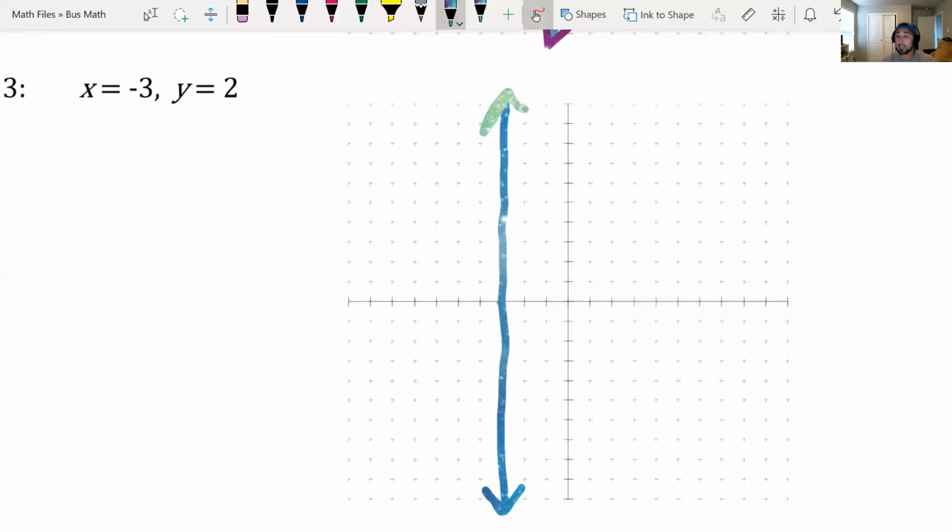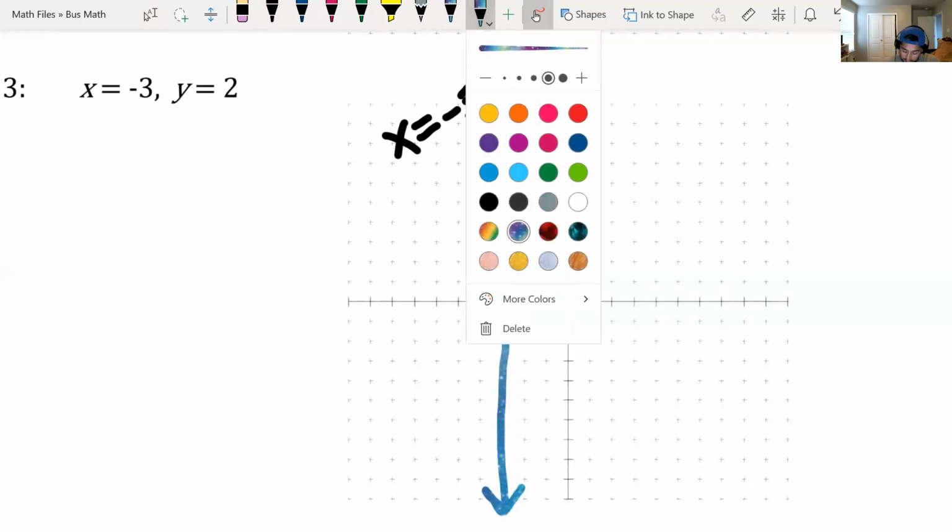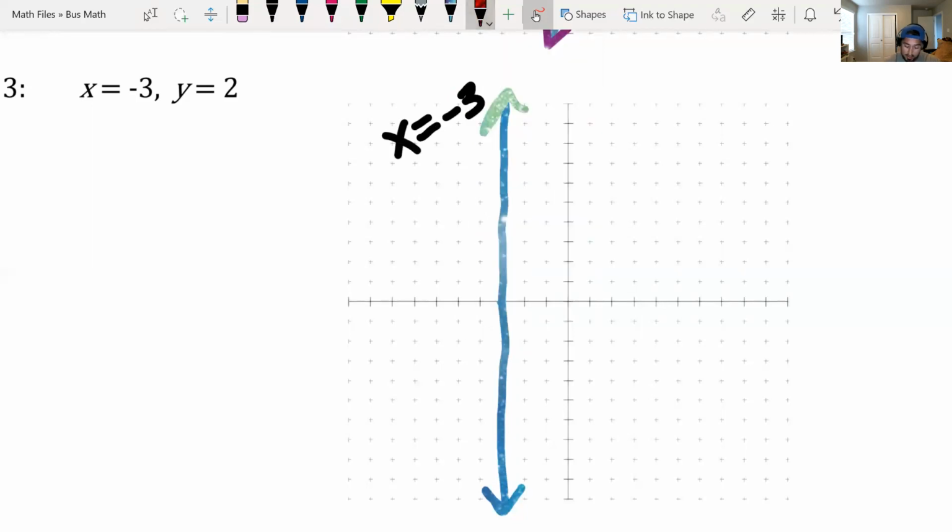There you go. Good as it's going to get. So this is x equals -3. And then, what other fun colors? There we go. And then for y equals 2, that is a horizontal line.